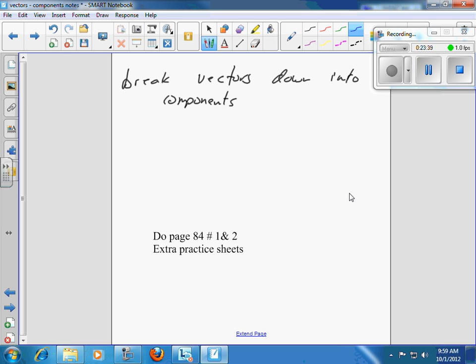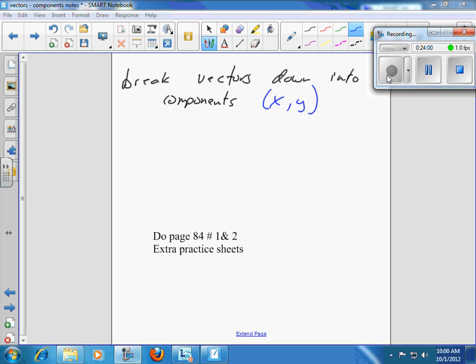I like to call them X and Y components. X for horizontal, Y for vertical. If you want to call them H and V, you can. Are you going to jot these down, Colin? That is not true. So break the vectors down into components.